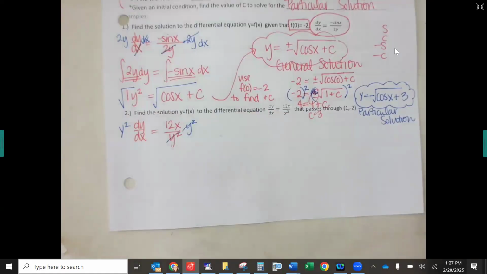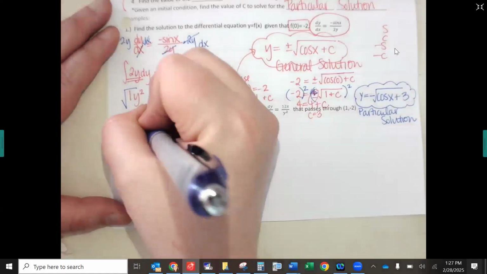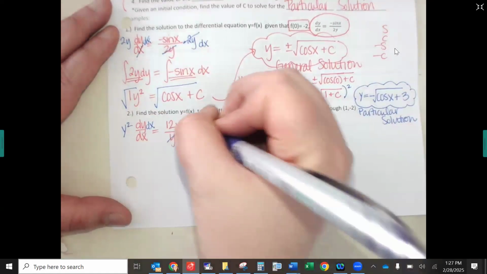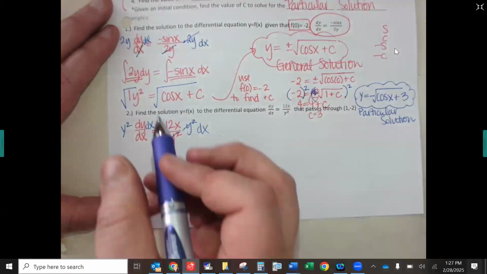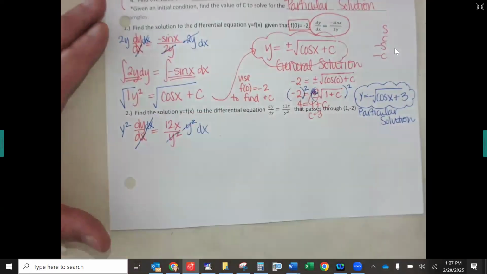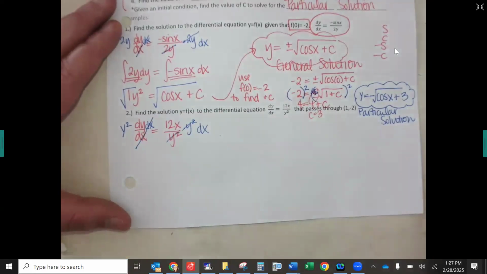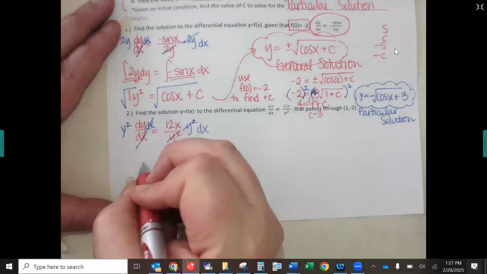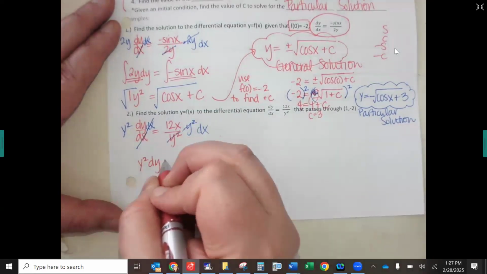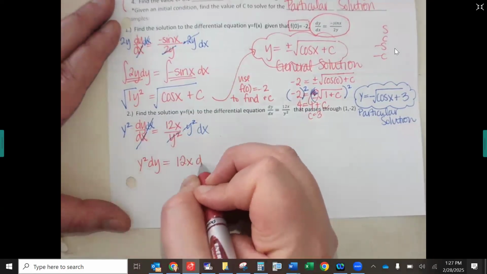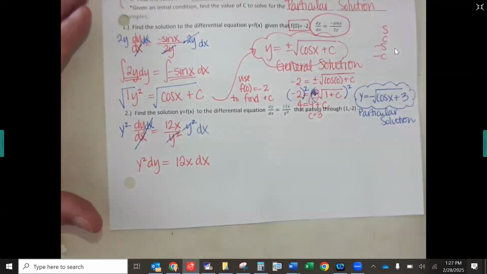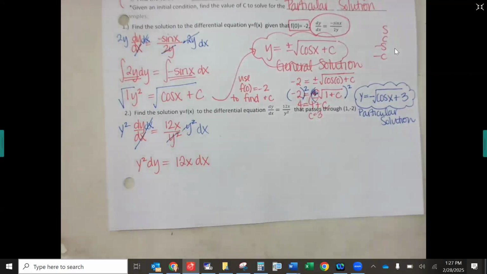To undo it, I'm going to multiply it. So my dx will go here and here. But then on the left-hand side, the dx will cross out the old dx. So now we have y squared dy equals 12x dx. Questions on that so far?